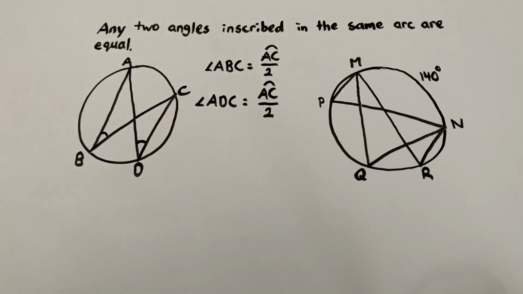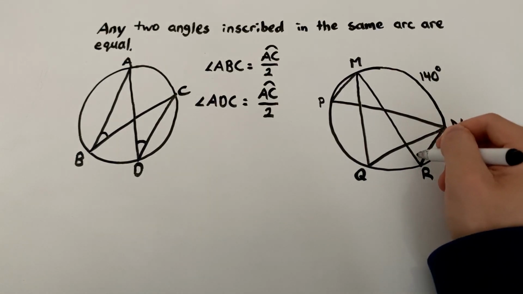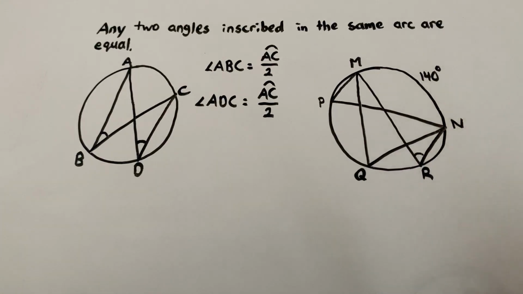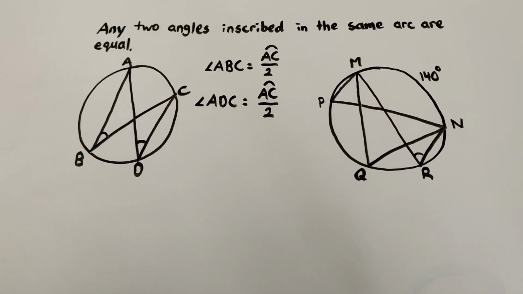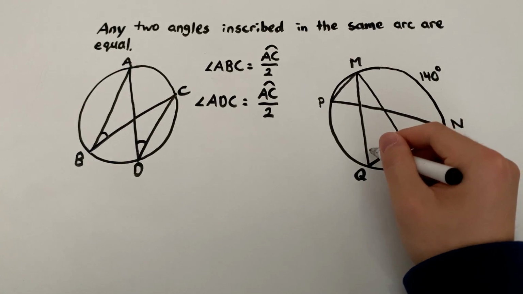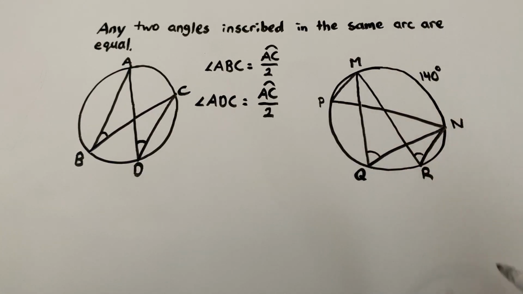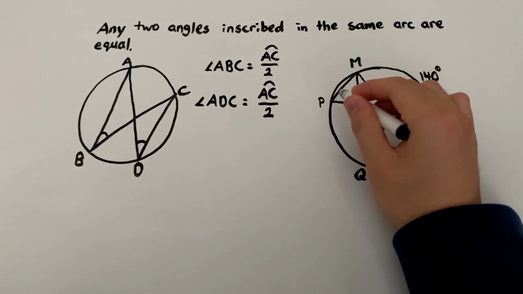So over here, I see a lot of inscribed angles. I see this one right over here. Angle MRN is inscribed in arc MN. What else is inscribed in arc MN? Well, how about this one? Angle MQN. And finally, we have one more we can't forget about, angle MPN.